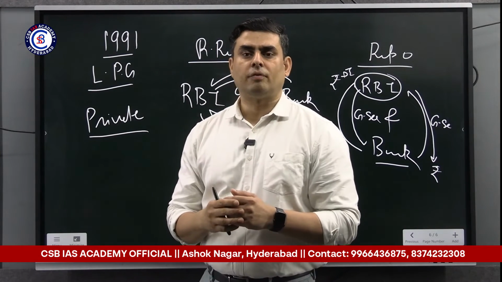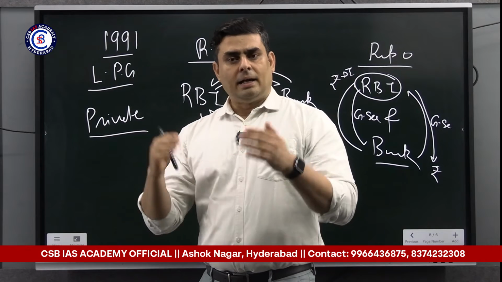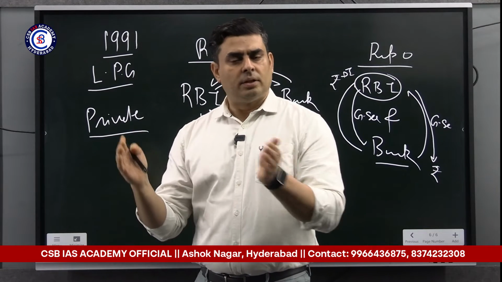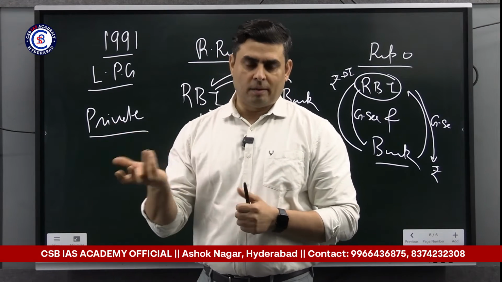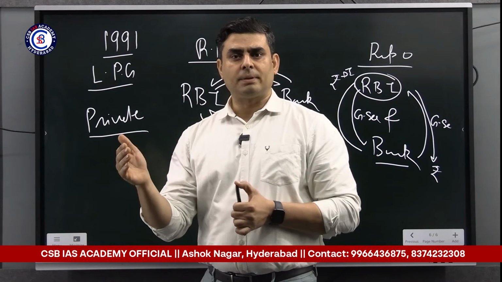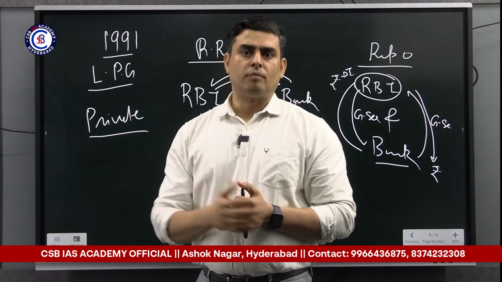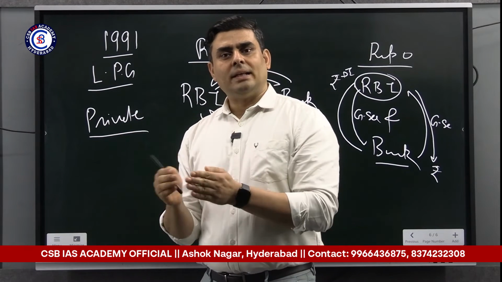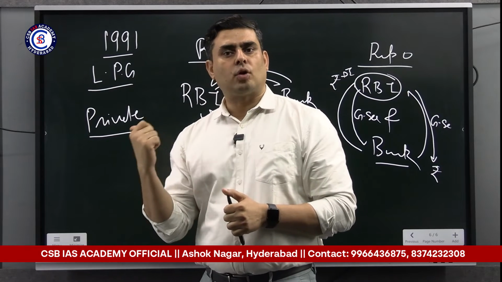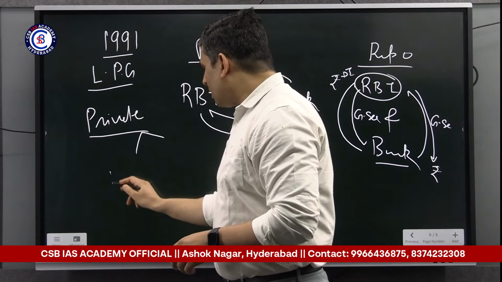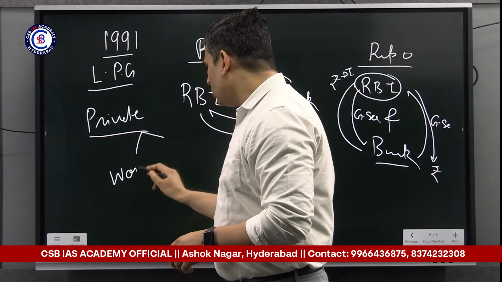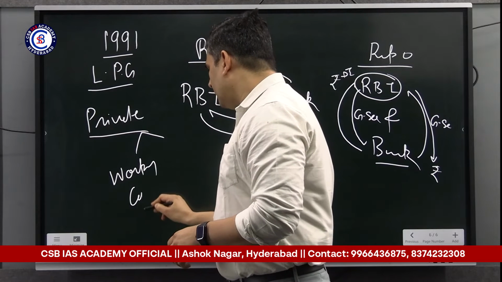More participation of the private sector. And the private sector needs liquidity, though the government sector also needs liquidity. Government companies also need liquidity, but government companies have the backing of whom? Government. So for them, managing liquidity is not as difficult as for whom? Private sector.